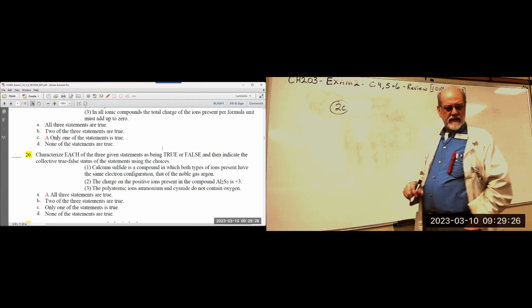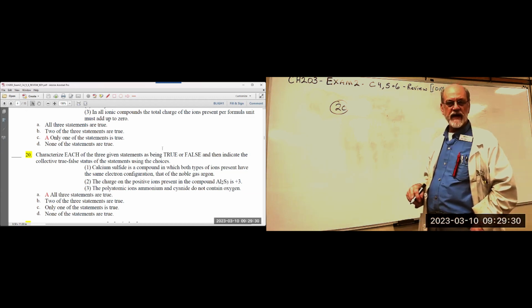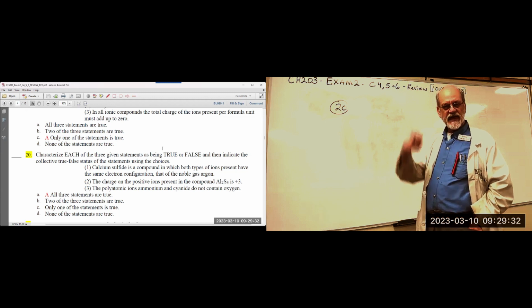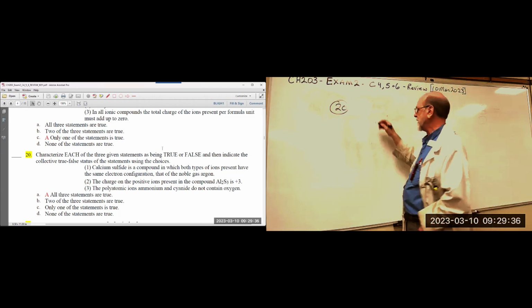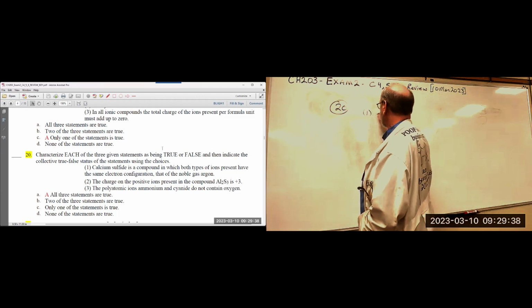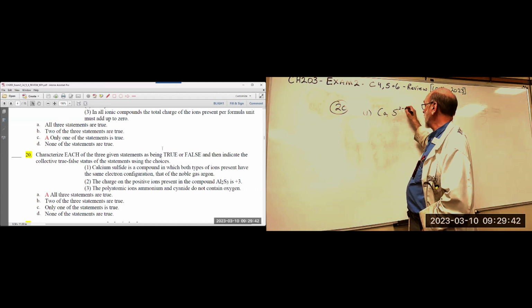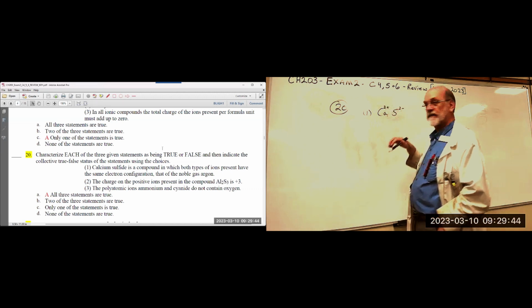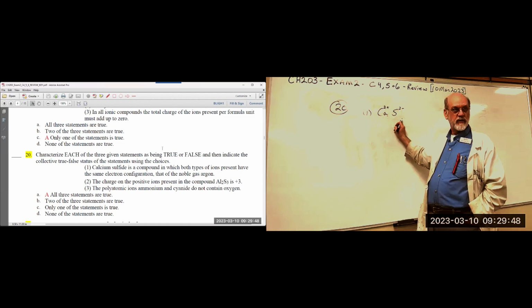Calcium sulfide. Number 1, calcium sulfide is a compound in which both types of ions present have the same electronic configuration as the noble gas argon. All right. So 1, calcium sulfide. This is a 2- and this is a 2+, correct? That's an alkaline earth, 2+. This is a chalcogen, 2-.